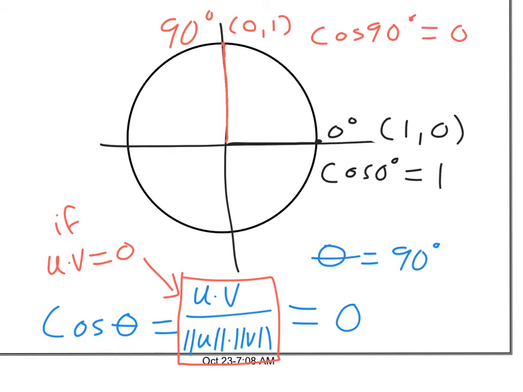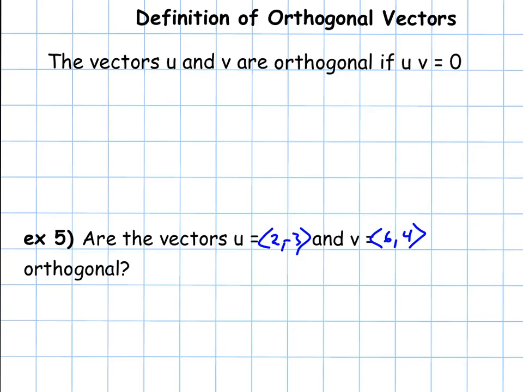If there's a 0 on top of that fraction, what do the magnitudes matter on the bottom? That whole answer is going to be 0, which means when we do the inverse cosine, theta will be 90 degrees. So this has to do with kind of a specific case that we check.